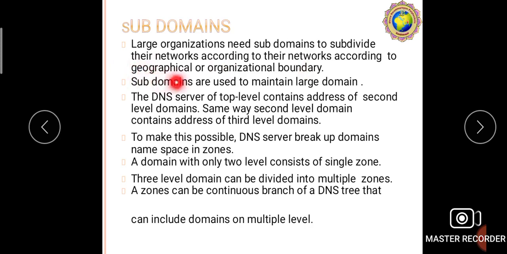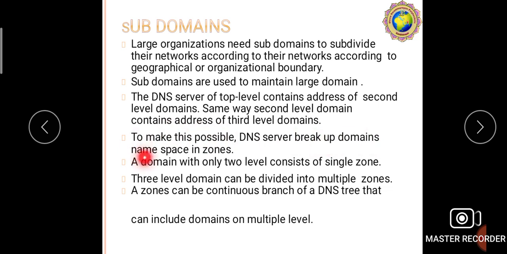Subdomains are used to maintain large domains. The DNS server of the top level contains addresses of second level domains. In the same way, the second level domain contains addresses of third level domains. To make this possible, the DNS server breaks up the domain namespace into different types of zones.